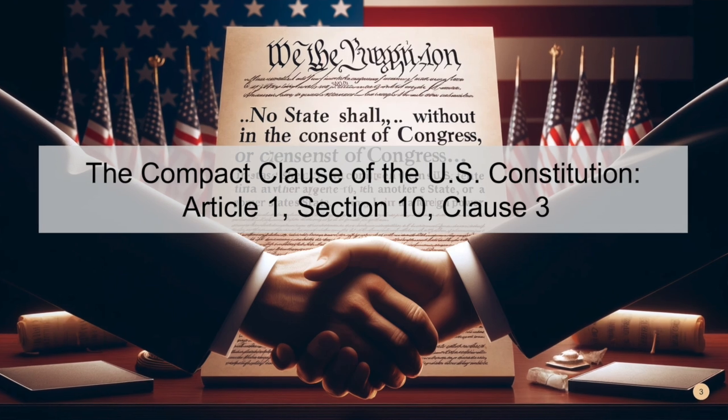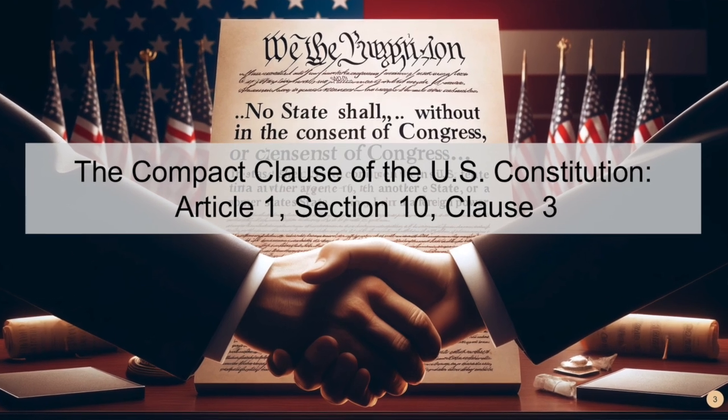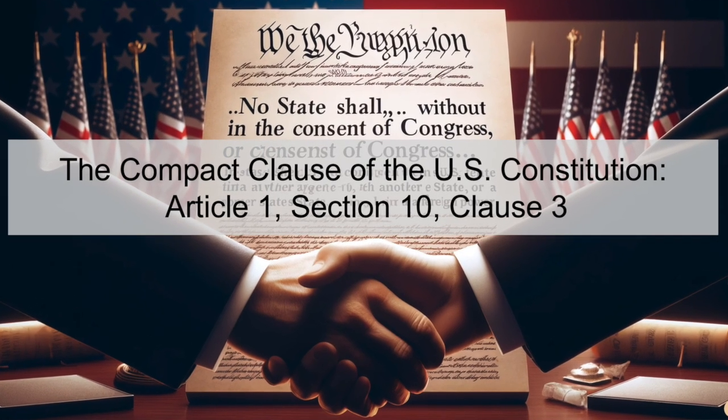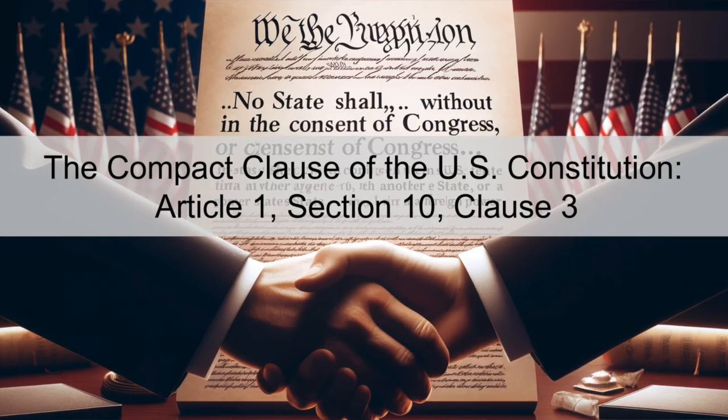So the compact clause of the U.S. Constitution is Article 1, Section 10, Clause number 3. And this is what provides the legal foundation for states to be able to maintain their unique sovereign authority as granted by the Constitution, yet work together outside of the federal government to actually create and solve problems of mutual interest and mutual concern.